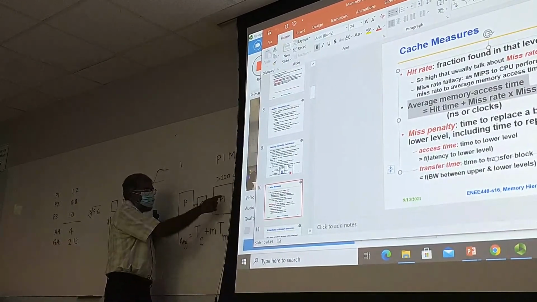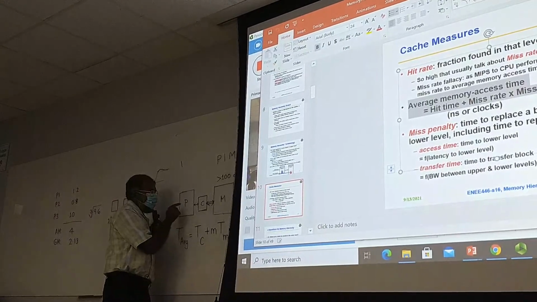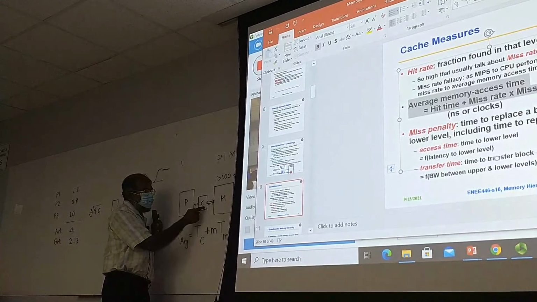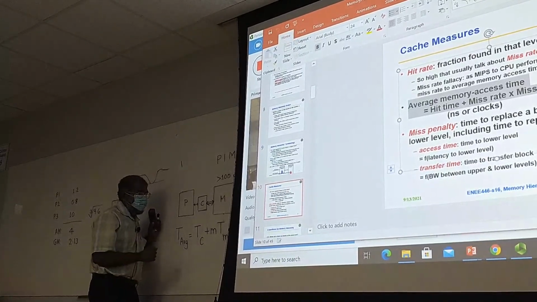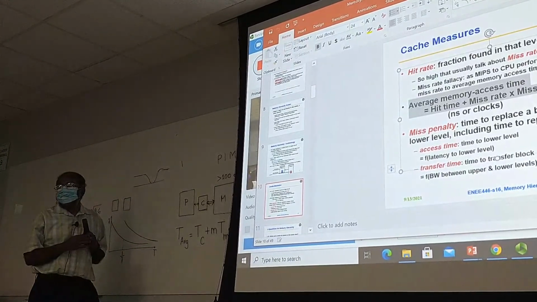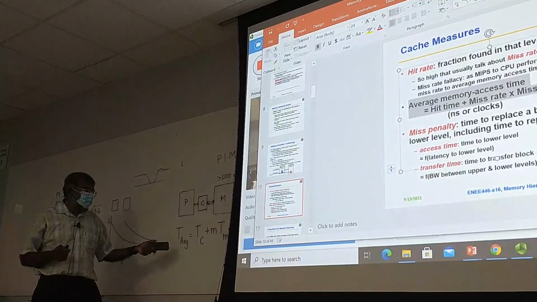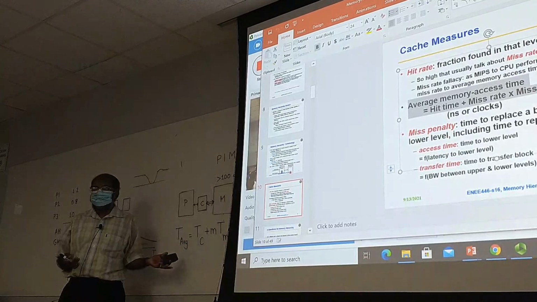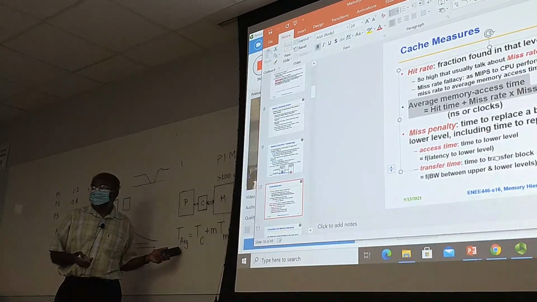But let's say when that miss is being serviced, in parallel, it is getting several hits. So this would be probably the most pessimistic value for T average.